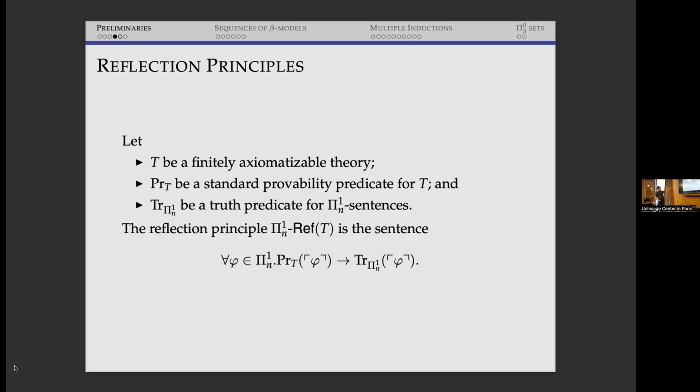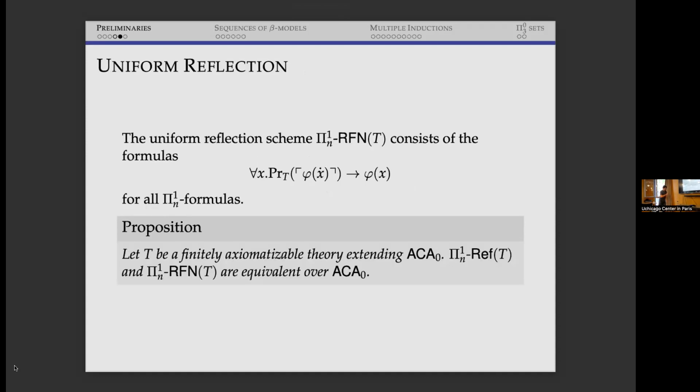And in this formula, we accept the parameters hidden in it because it's a coded formula. So you can have non-standard natural numbers inside the formulas depending on the model. So something provable somewhere, then it's true. You can relate it to the uniform reflection principle schema.